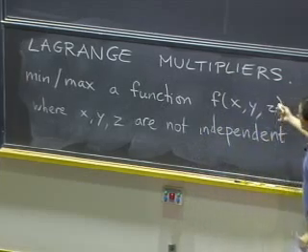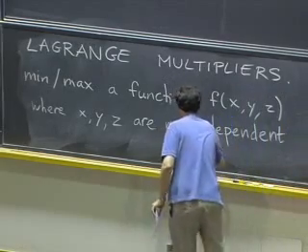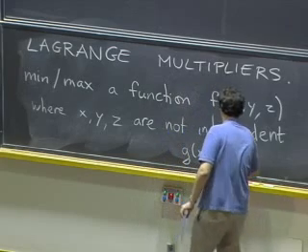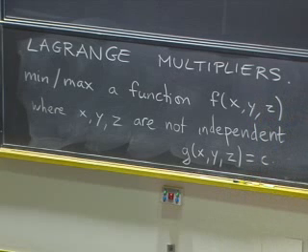So they're not independent. That means that there's a relation between them. The relation is maybe some equation of the form g of x, y, z equals some constant. Okay, so you take the relation between x, y, z, you call that g, and that gives you the constraint. And the goal is to minimize f only over those values of x, y, z that satisfy the constraint.